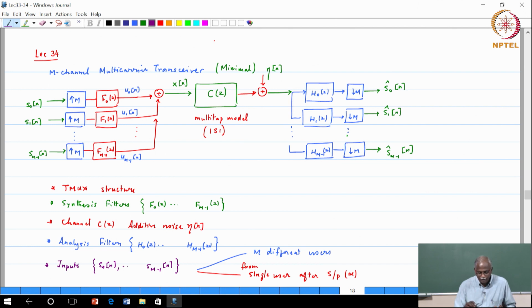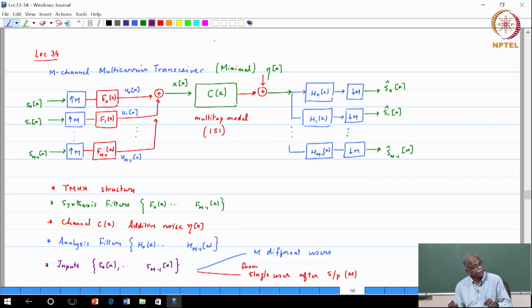From the reference figure, these are the synthesis filters passing through the channel, I am ignoring the noise for the moment, passing through the analysis filters. Now, given the result that we have just studied, can you tell me what is the transfer function between S0[n] and S0 hat[n]?